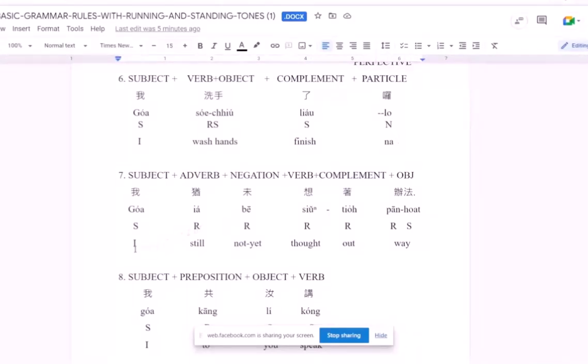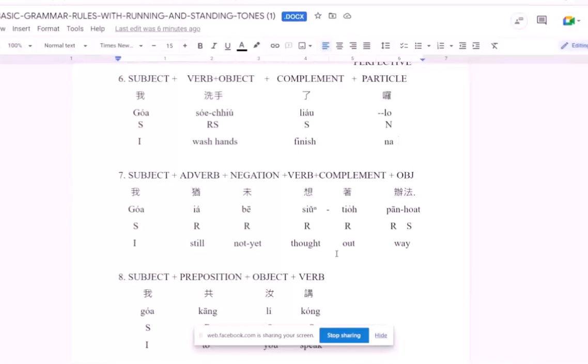Now we get the meaning of this. Gua is I, ya is still, be is not yet, siu is thought. But if there's a tio attached to the siu, then it's roughly a somewhat past tense, but not really, because it could be interpreted in many ways.